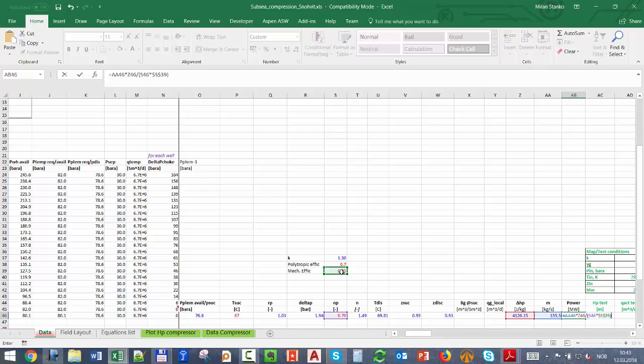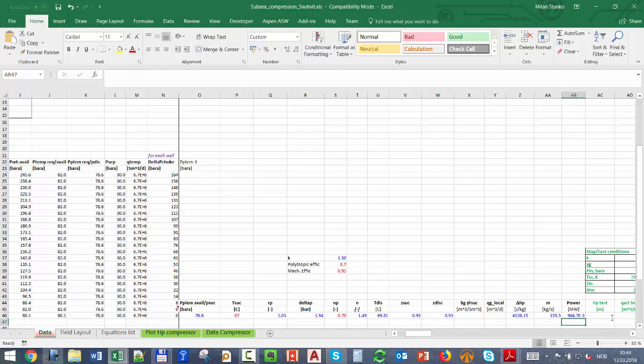And one last thing, the power of my compressor is in megawatts, so I'm going to put here 1e to the 6. So that's 964 kilowatts. That's more than enough. Okay, I should be able to compress that.